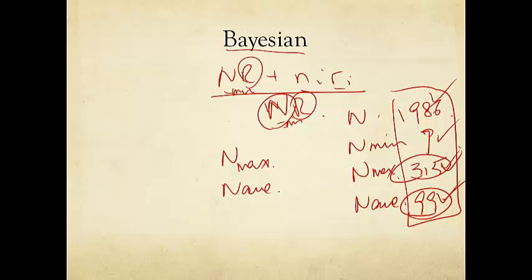Okay, so that makes sense because these two are too extreme perhaps. So somewhere between 100 and 300, somewhere between the average number of reviews per product and the maximum of reviews per product is used in the Bayesian adjustment.